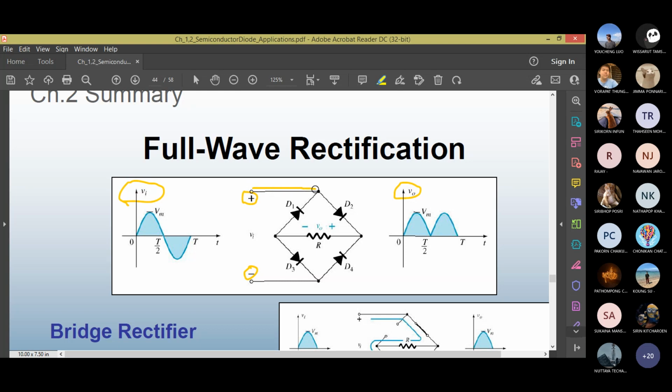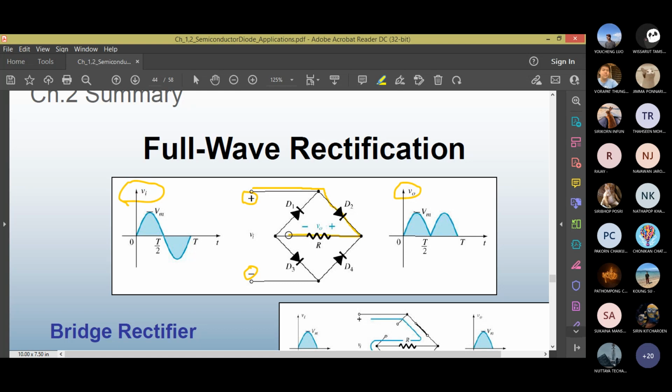Is D1 on? What's the polarity? Do you think that D1 will be on? Off. So how about D2? Yes, it's positive to positive, positive to anode. On. D4? No, it cannot be, it's cathode.